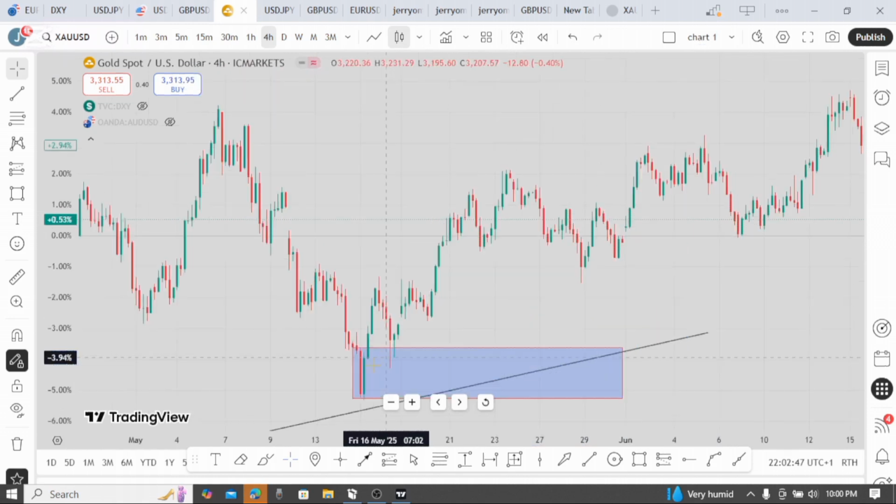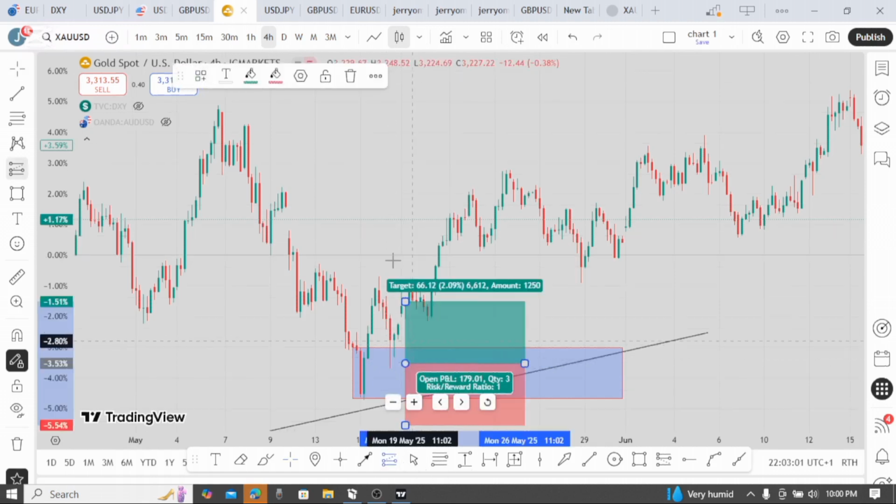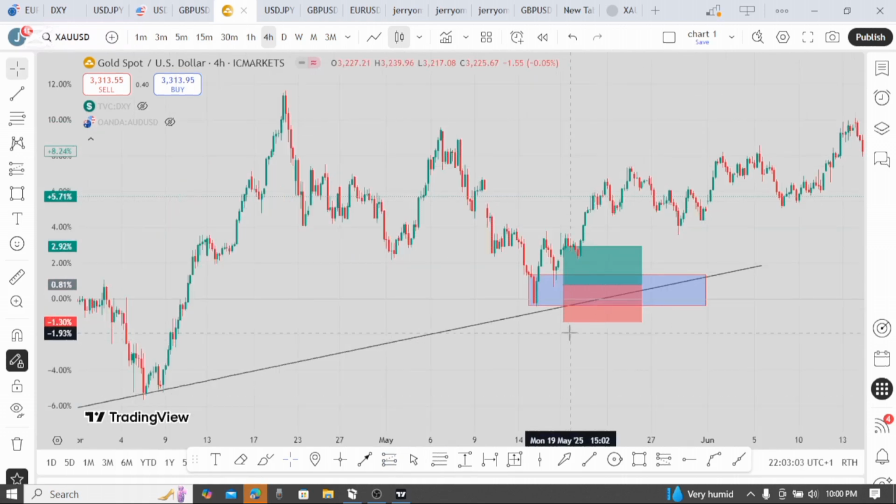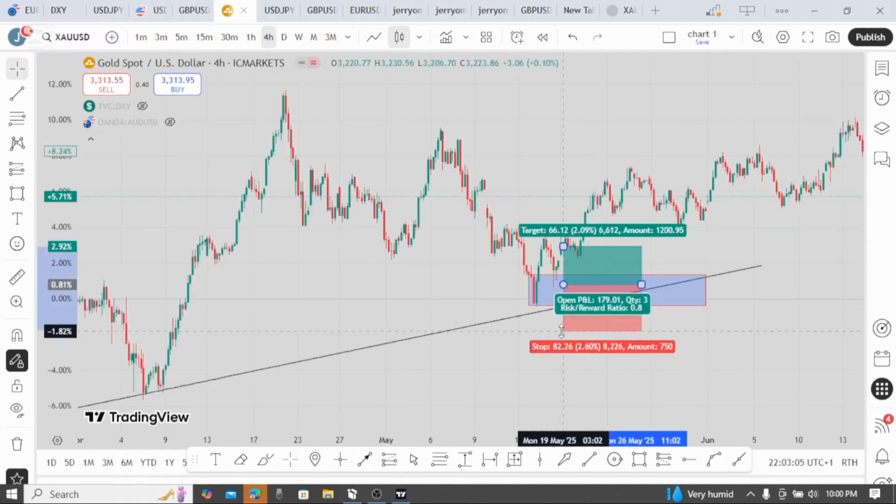Then what do you do? You allow price to go up and price to even come back. You see price went up, price came back to the zone, at least almost more than 30% of the zone. So now this is how you take your trade. You put on your trade. You are going in, your stop loss a little bit under.